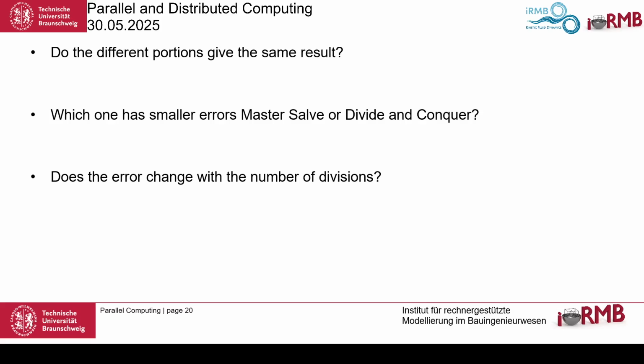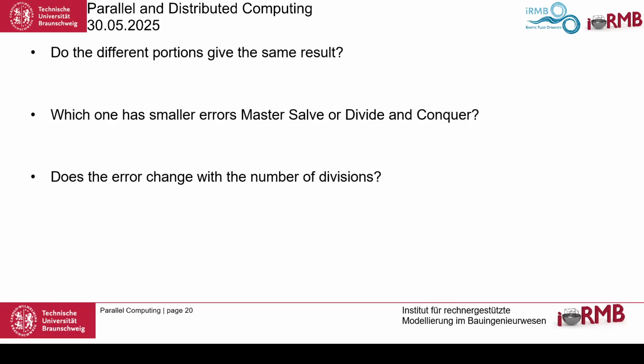You look skeptical. Yeah, but eventually if you run it, you can iterate. So this is something for you maybe to think about or to try out: divide and conquer and master and slave.